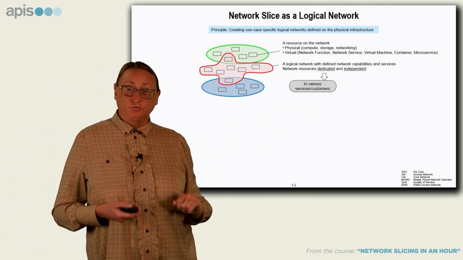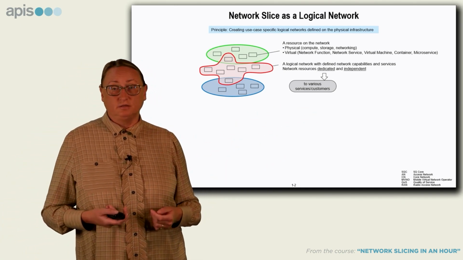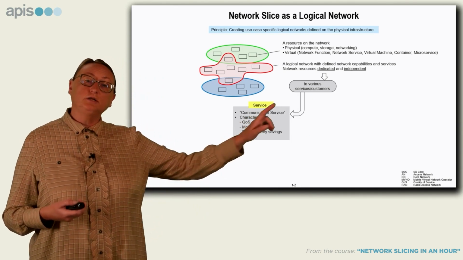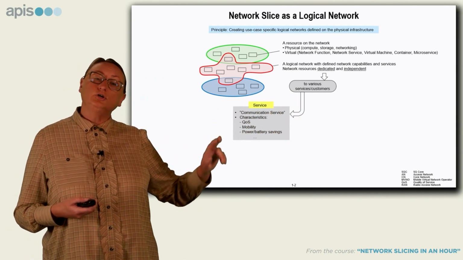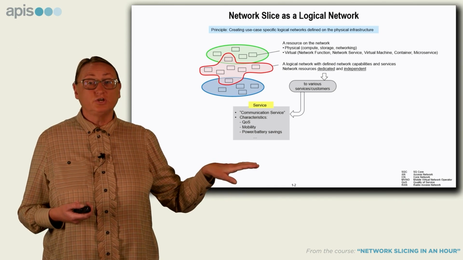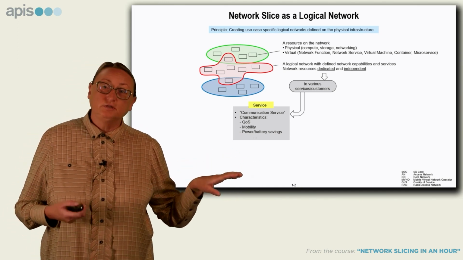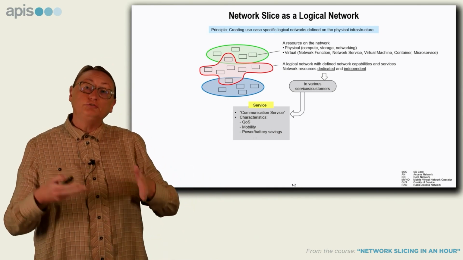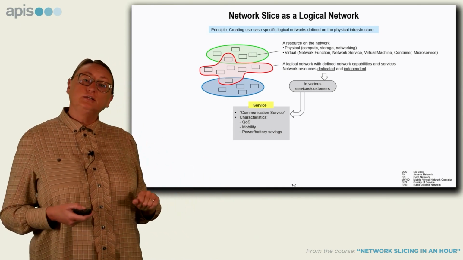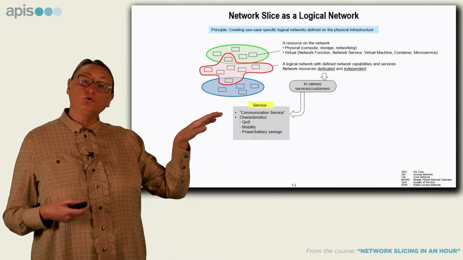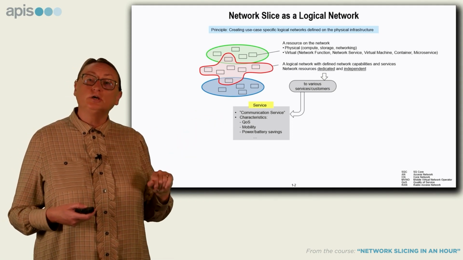Dedicated resources. What does the term dedicated mean? First of all, it can mean dedicated to certain services, which means that we prepare capabilities in this logical network to fit the needs of a certain type of application, and then we call this a communication service.